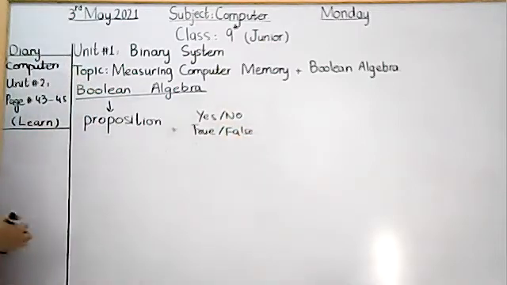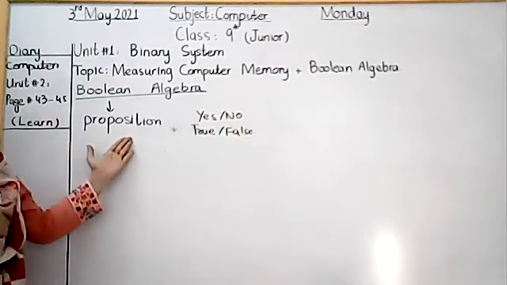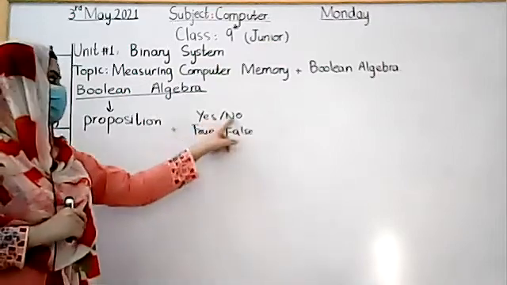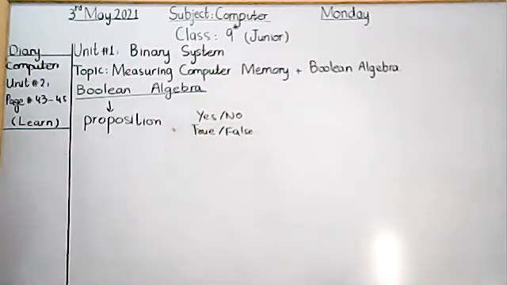Okay. So Boolean algebra basically consists of those sentences which are called propositions, and it always has the answer yes or no, true or false. So in this way we can define the Boolean algebra.